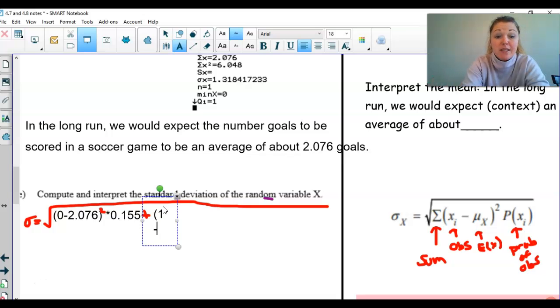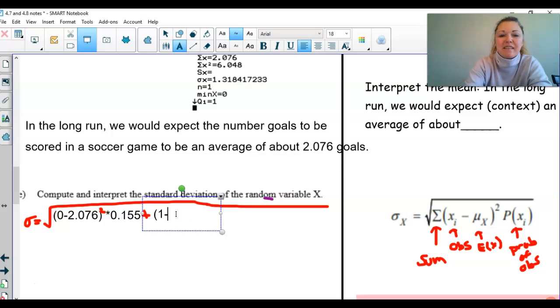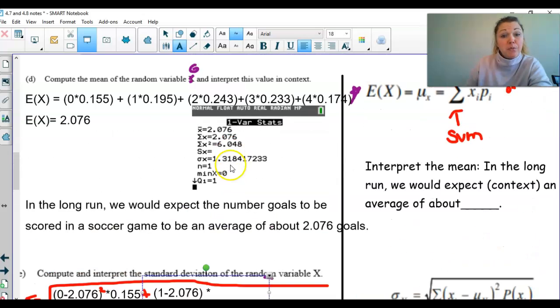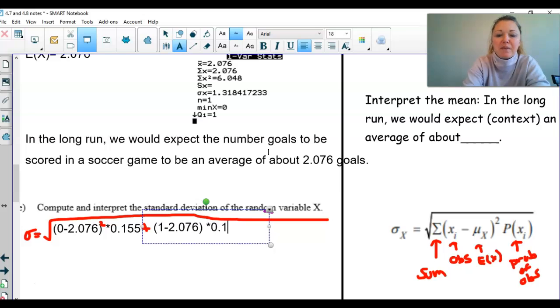So 1 minus 2.076. Oh, why is it doing that? Come on, technology, work with me. We will square it, and then we're going to multiply it by the probability of that observation. The observation we're working with is 1. The probability of that is 0.195.